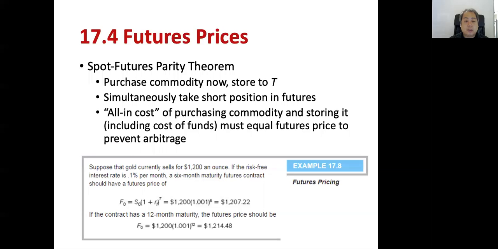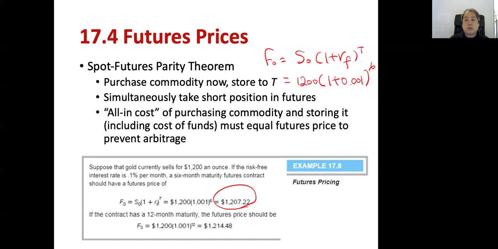Suppose that gold currently sells for $1,200 per ounce. If the risk-free interest rate is 0.1% per month, a 6-month maturity futures contract should have a futures price from the spot-futures parity theorem, which is the spot price times 1 plus the risk-free rate to the T. In this case, $1,200 times 1 plus 0.1% to the 6, since it's a monthly rate, which is $1,207.22.